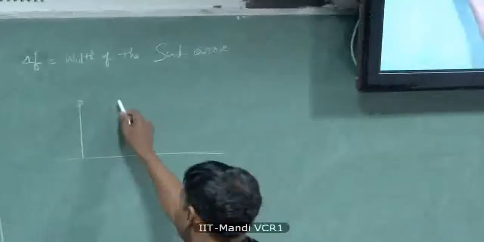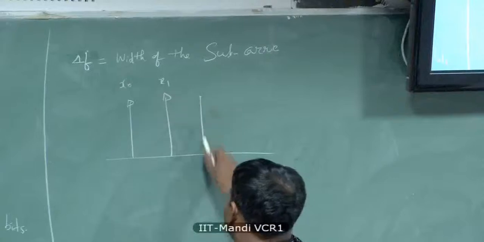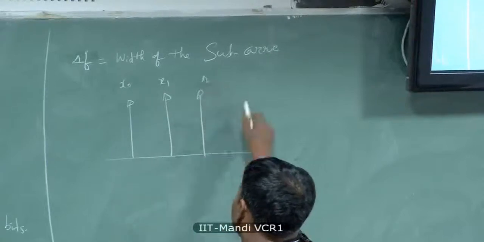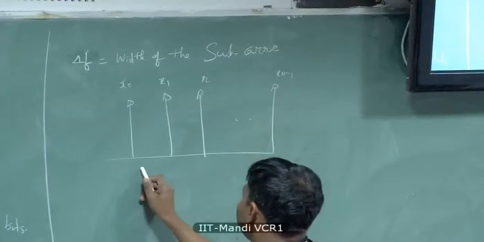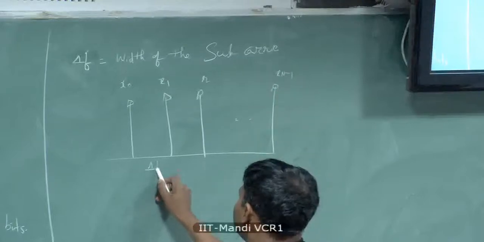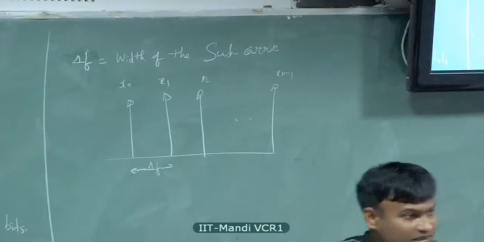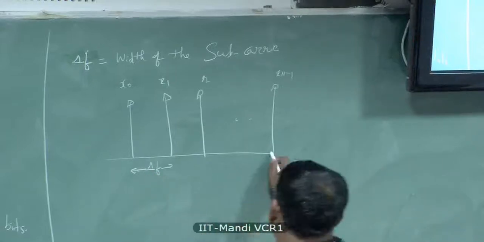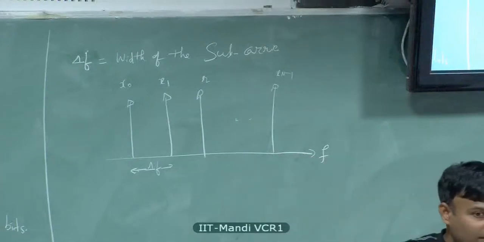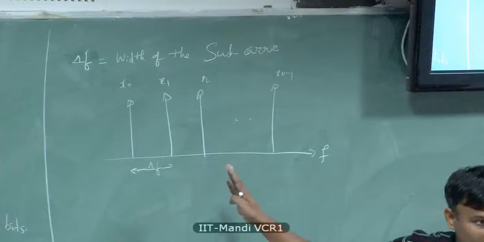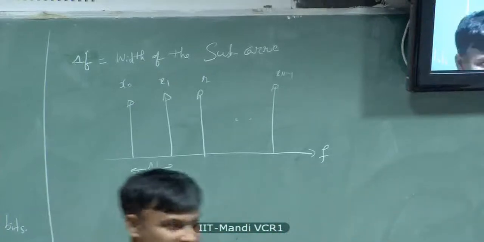This is a symbolic representation, this is not strict. x0, x1, x2 up till x n minus 1, each tone separated by delta f hertz on this frequency axis. Okay, this is not a strict frequency domain representation. We will see that, but this is a symbolic way of representing the system.